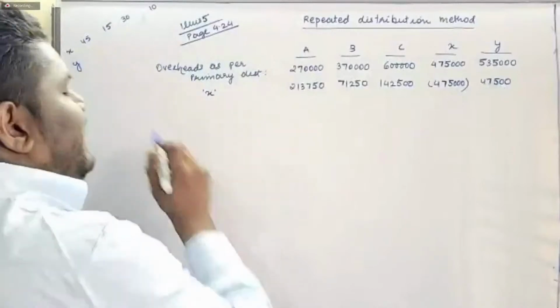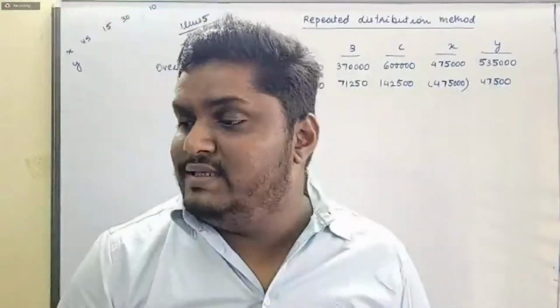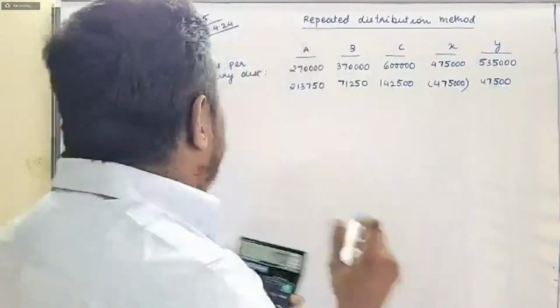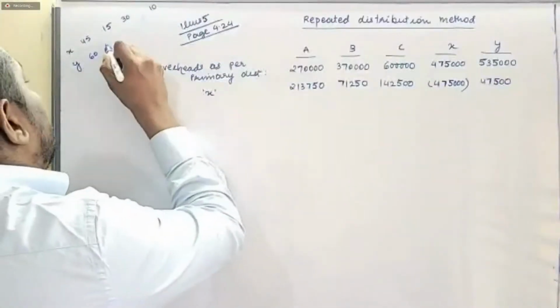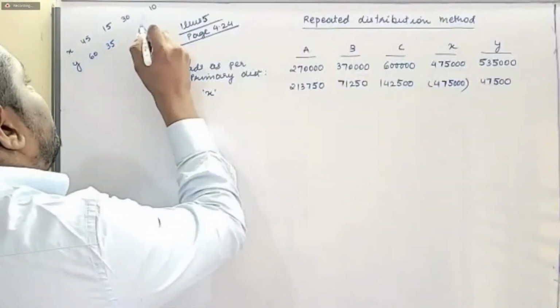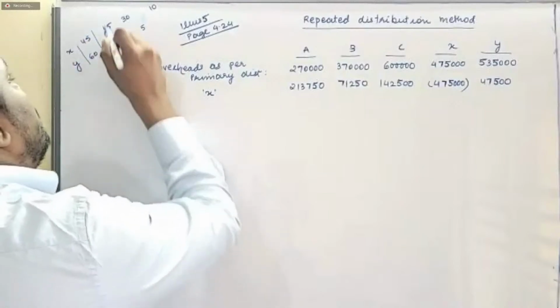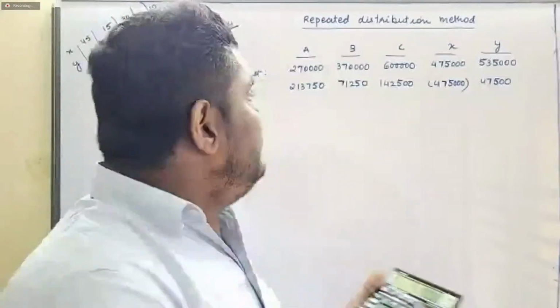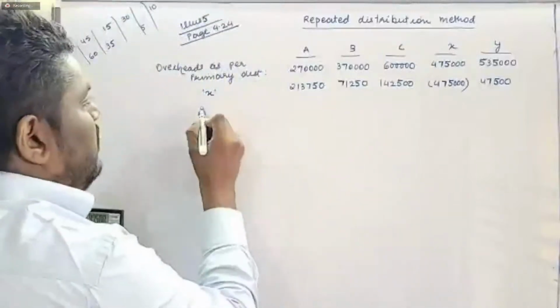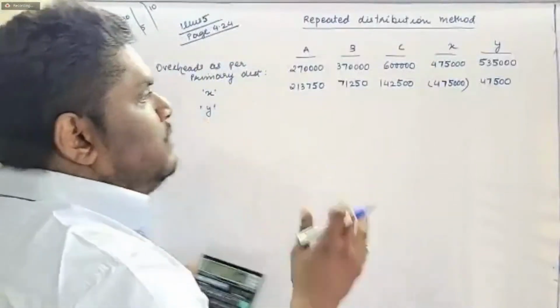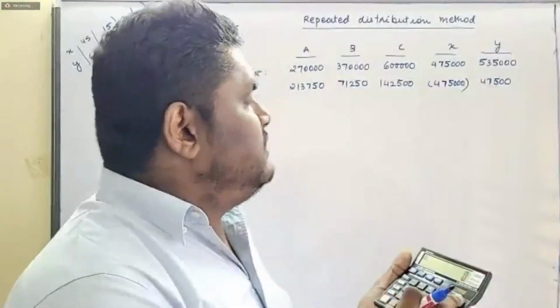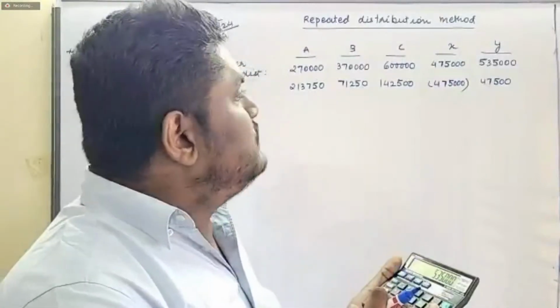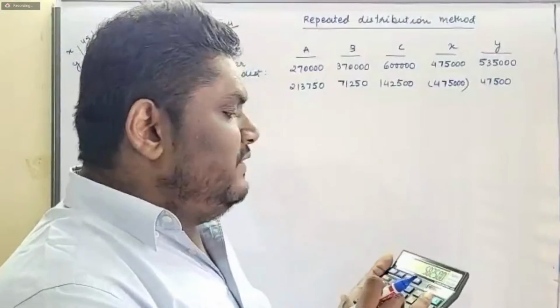Now overheads of Y are to be distributed to A, B and X in the ratio of 60, 35 and 5. So now the total overheads of Y will be how much? 5,35,000 plus 47,500.